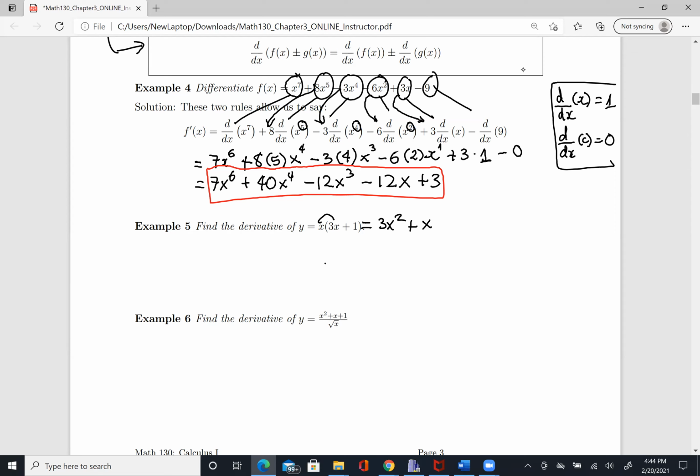I have y prime now to be 3 times 2, put down, x to power 1, or I'm just going to leave it as x. That's for the first term, right?